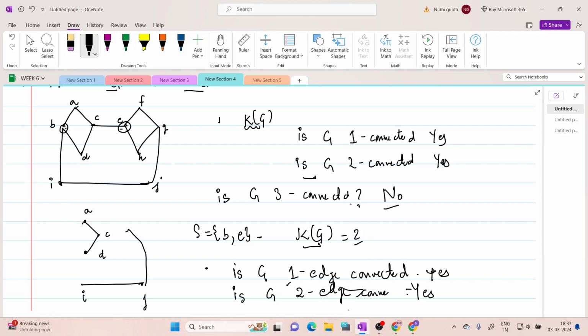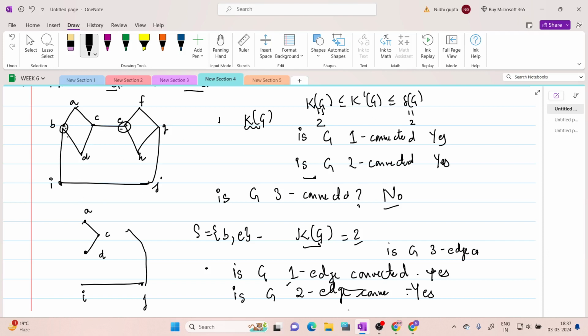What about 3? Is G three edge connected? In this question also, first you can see that you cannot use this inequality directly, that kappa(G) is less than or equal to kappa'(G) is less than or equal to delta(G). In this graph, kappa is coming out to be 2. What is the minimum degree? Minimum degree is also 2.